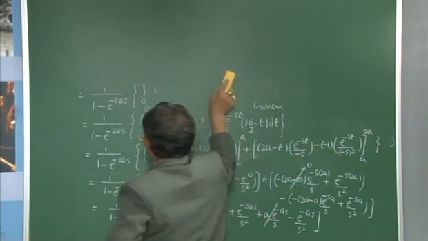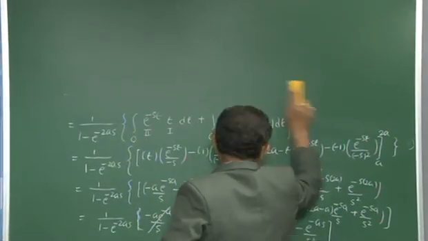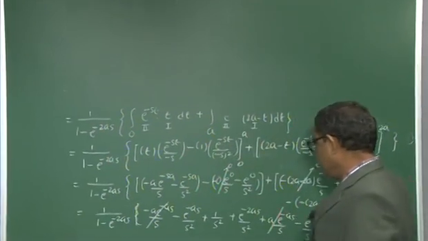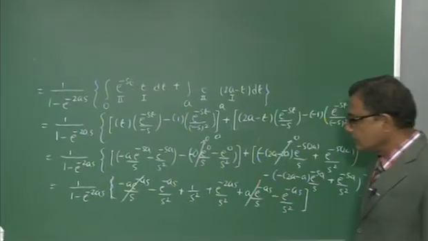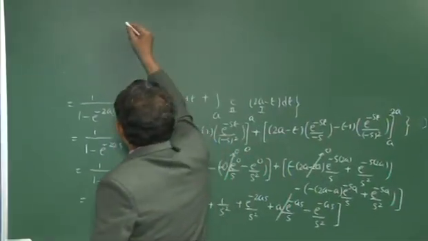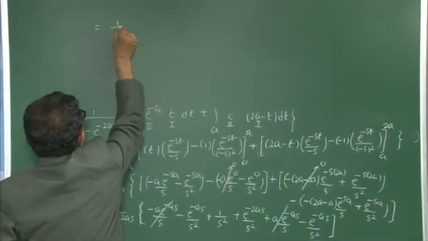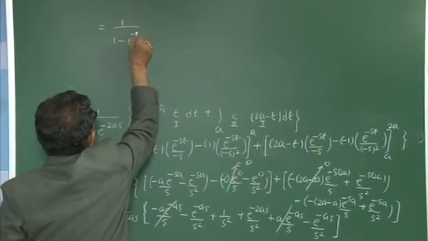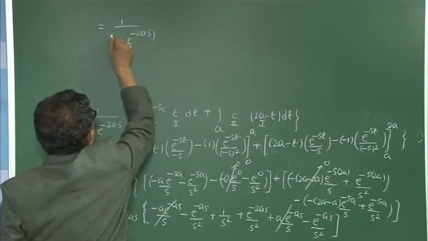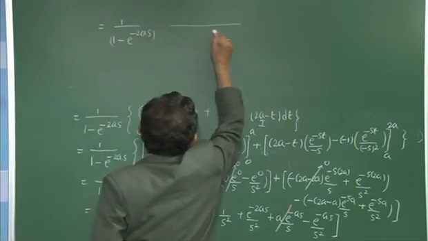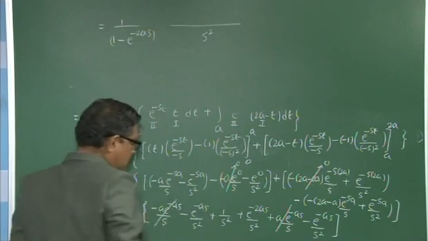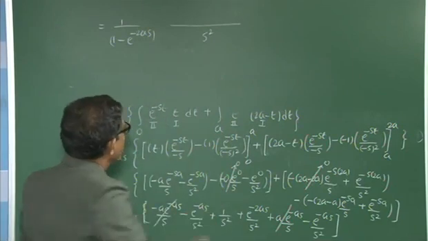Ordinary simplification. You have to do the simplification very carefully. Denominator s square is common. What you will get? This is 1 divided by 1 minus e raised to minus 2as. Denominator s square is common. Then it is plus 1 is there.